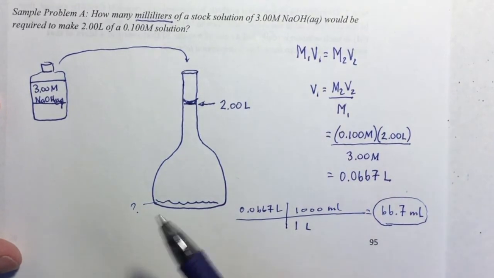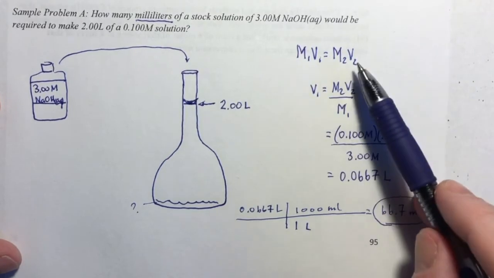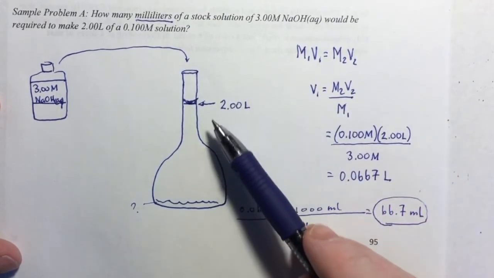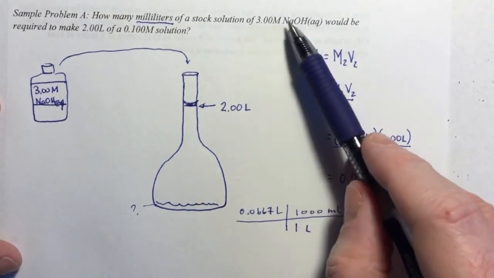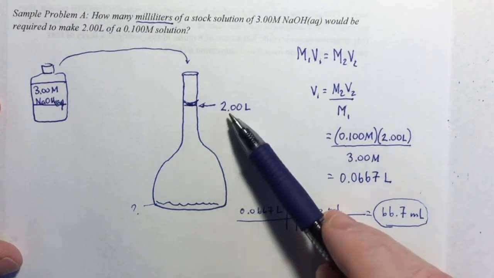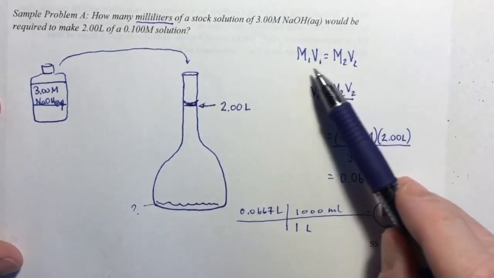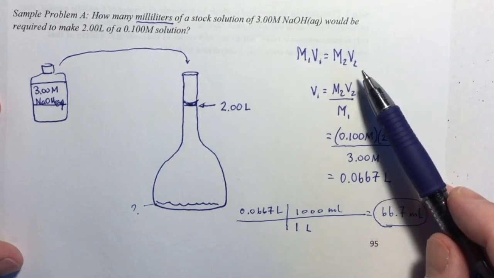Okay, that is how you would use the dilution equation to solve for an unknown. In this case, the unknown was the volume of an initial solution required to make a diluted solution of a particular volume. But you could rearrange this algebraically to solve for any of these.